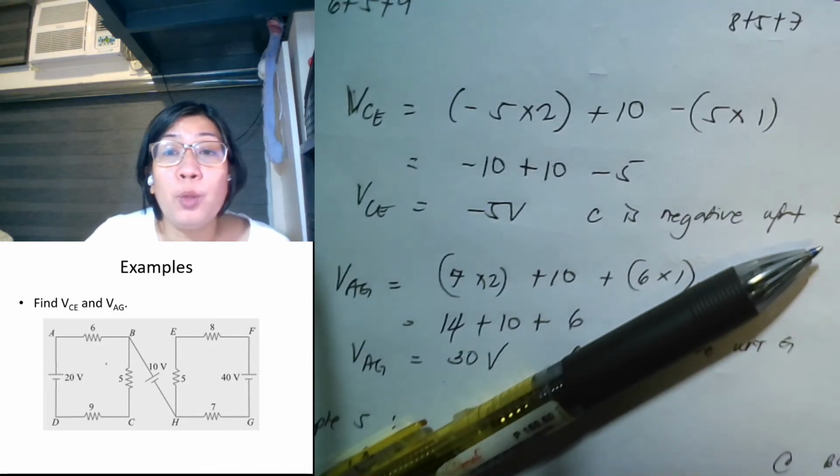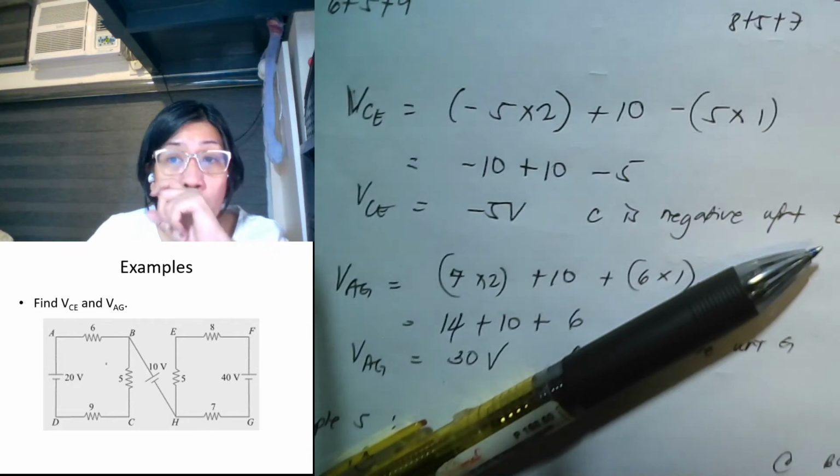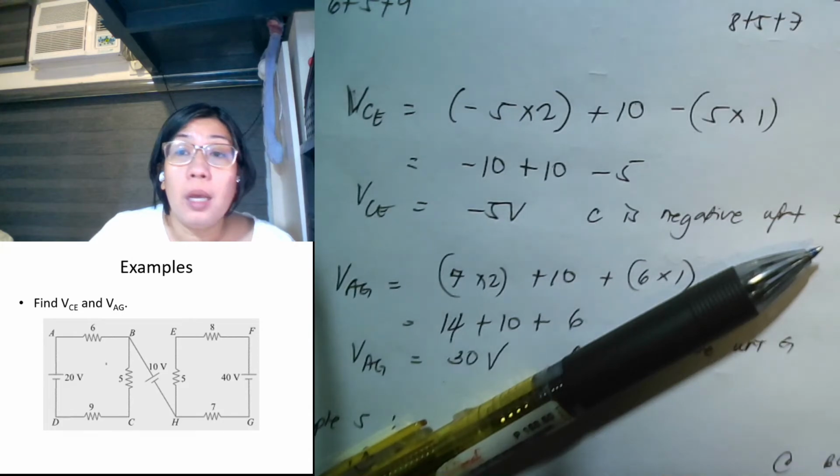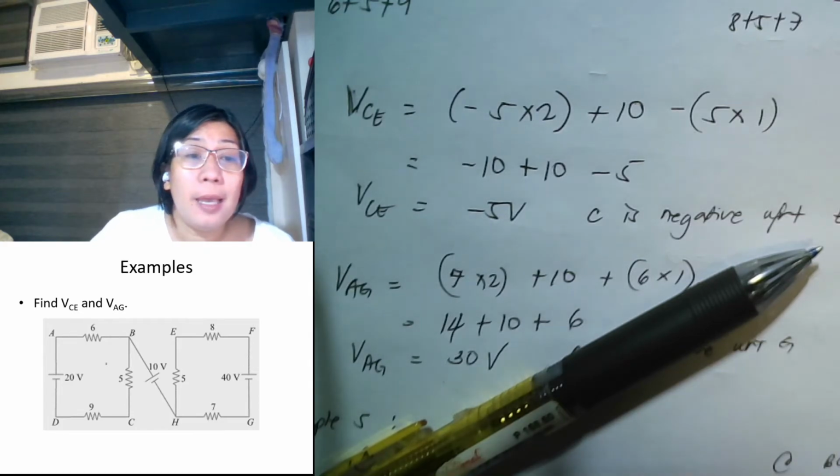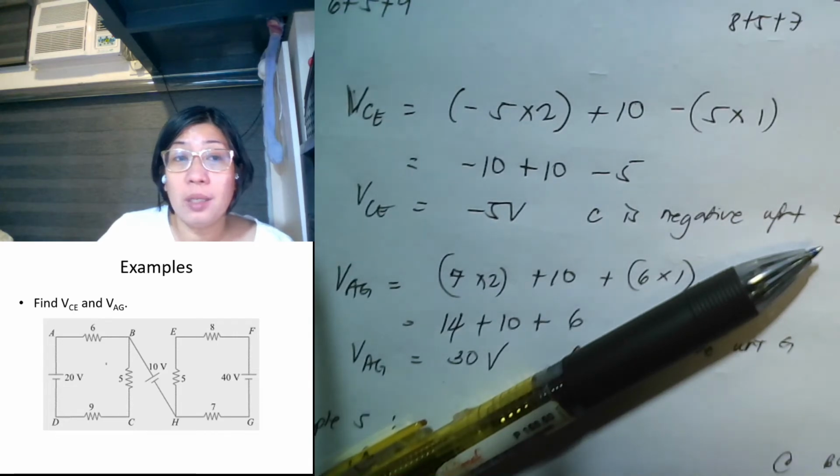So, to solve for VCE, we are going to go from E, F, G, H, B, and C, with respect to E. So, C is negative with respect to E, based on these sources here.